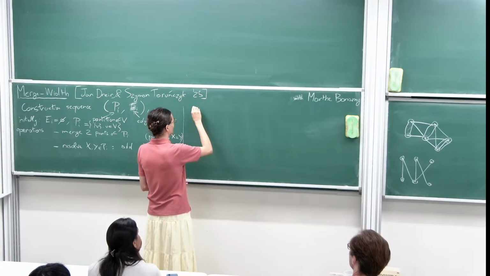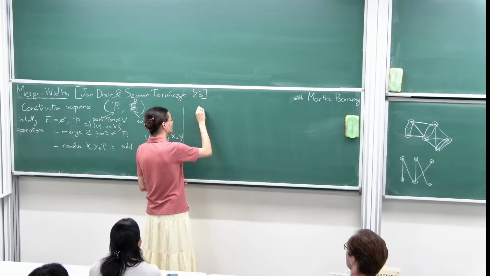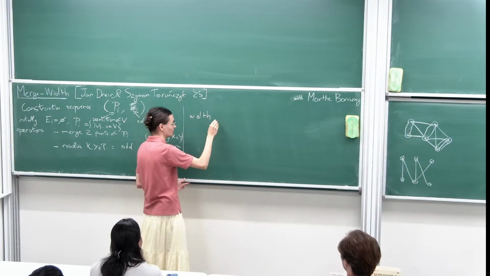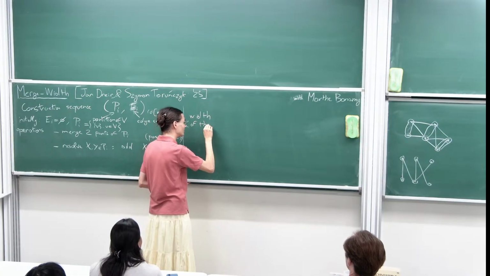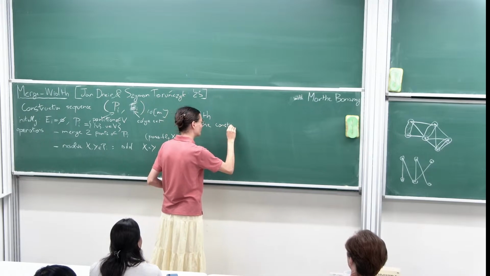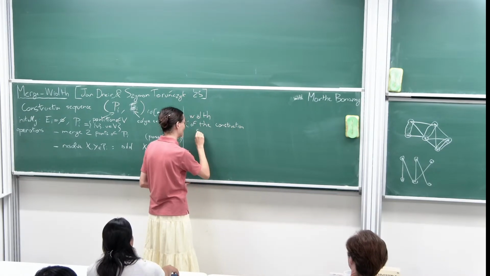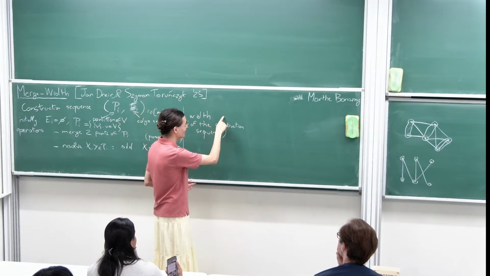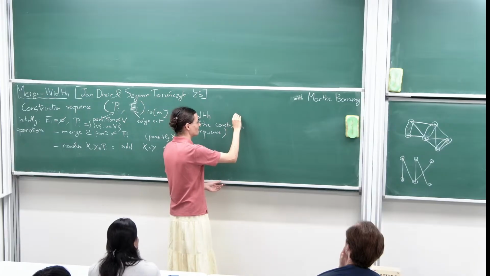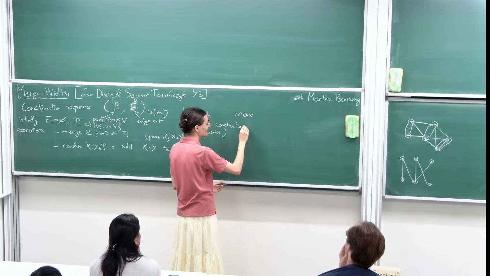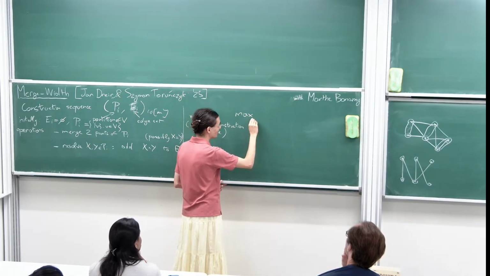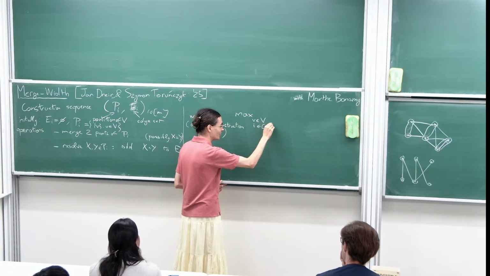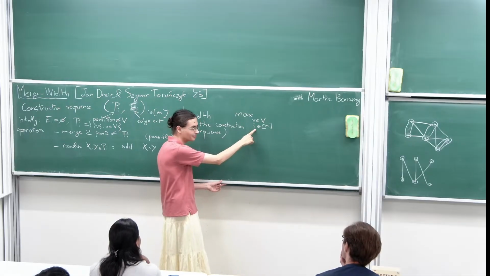So, this cost, I will call it the width. It's the width of the construction sequence. And okay, this is where the definition gets a bit more complicated. You need to look at every vertex. So you will take a maximum, it will be the worst case. This is a maximum over all possible vertices at all possible steps in the construction sequence.